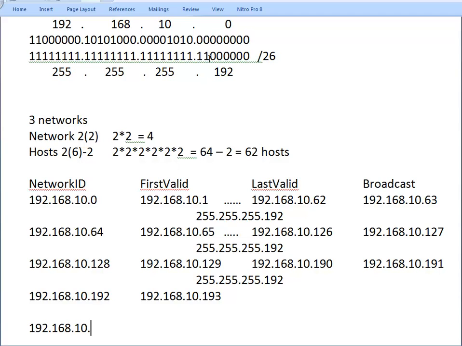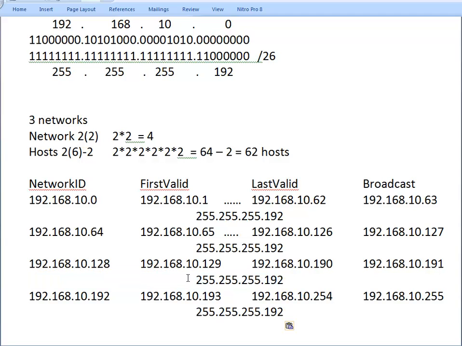If we add 64 again to this, 192 plus 64 is 256. 256 is not allowed, which means we have reached the limit, and the limit is 255. So 192.168.10.255 is the broadcast, and 192.168.10.254 is the last valid address. They have the same subnet mask as well.